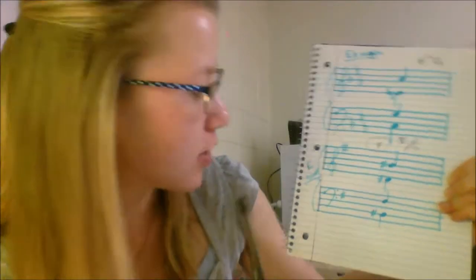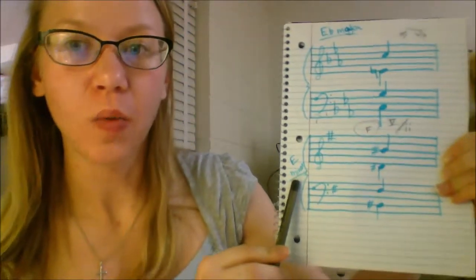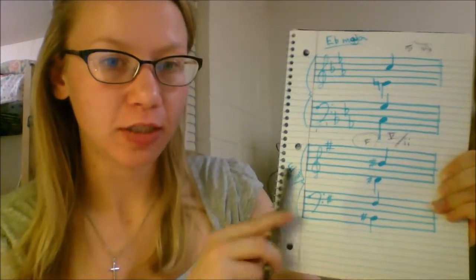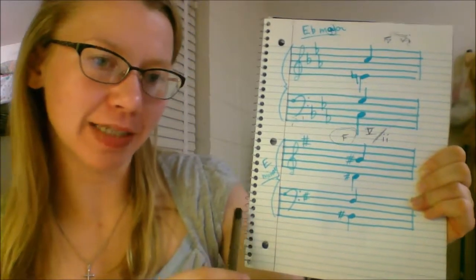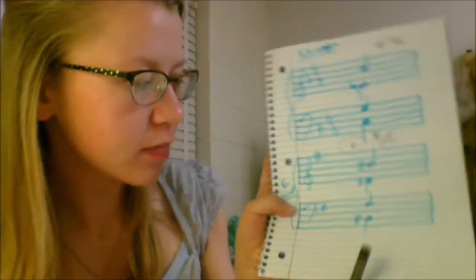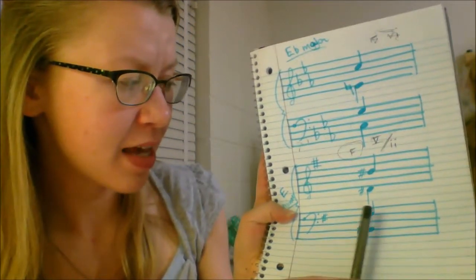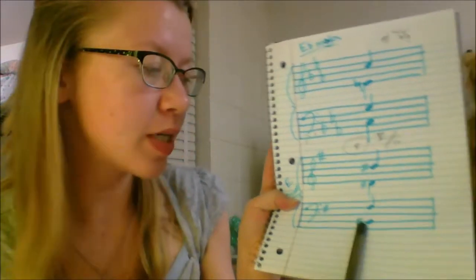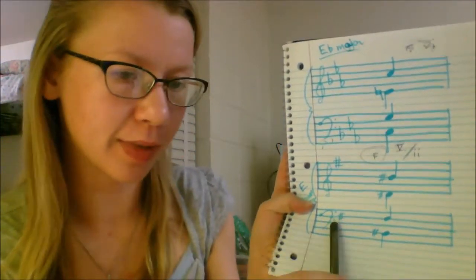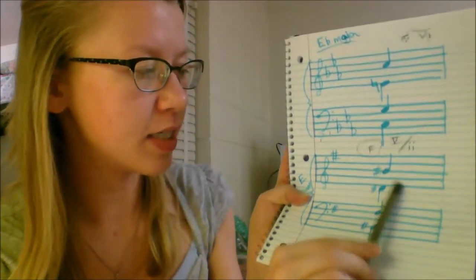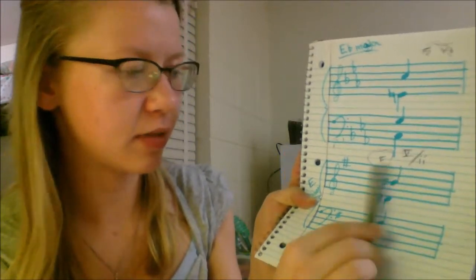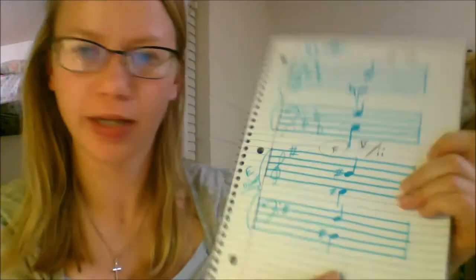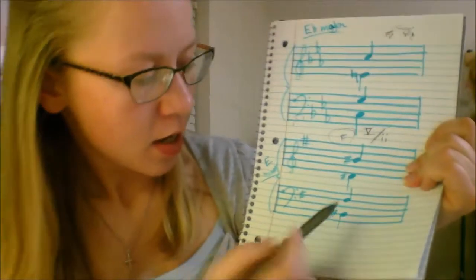Okay, so in this example, we're in a minor key. We are now in E minor. I guess I just like E today or something. So what we have here is B sharp, F sharp from our key signature, D sharp, and another B sharp just to make it a 4-part chord.